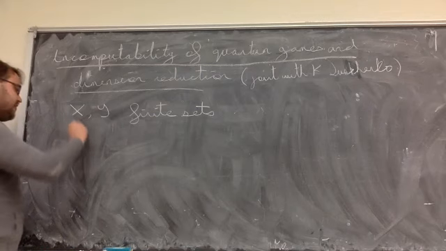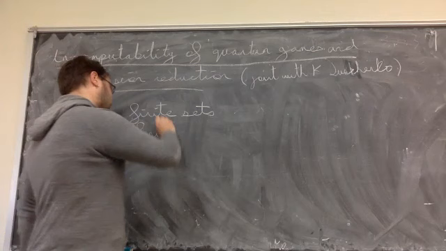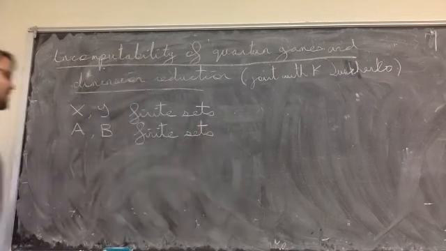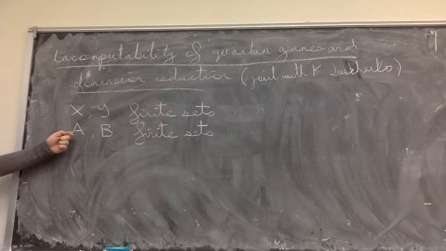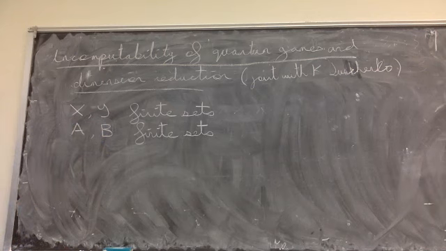And then we have two more finite sets, A and B. Again, these are supposed to be sets of answers: A is a set of answers to the questions in question list X, and B is a set of answers to the questions in question list Y. But again, on a mathematical level, these are just unstructured finite sets.